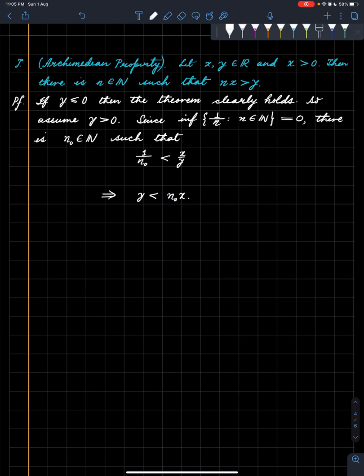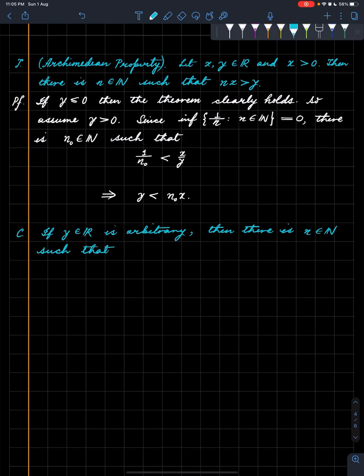Okay, and a corollary of it is something that I would like to point out, that if y in R is arbitrary, then there is a natural number n such that n is greater than y.